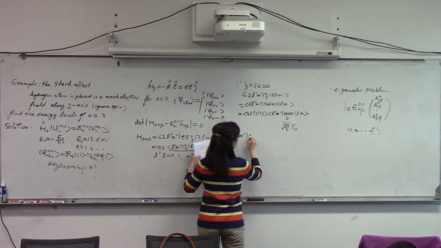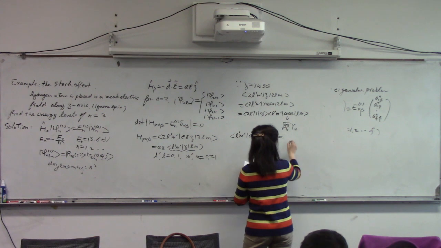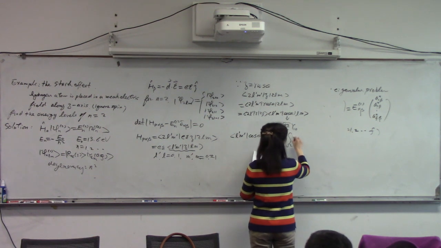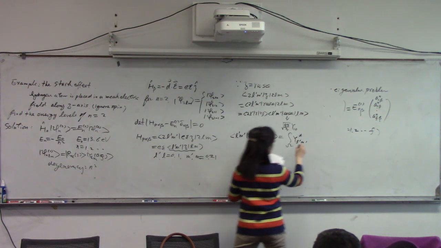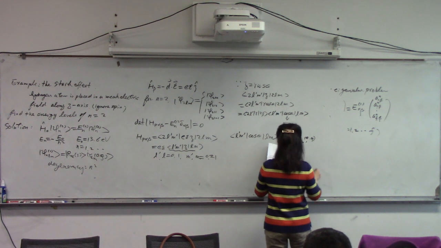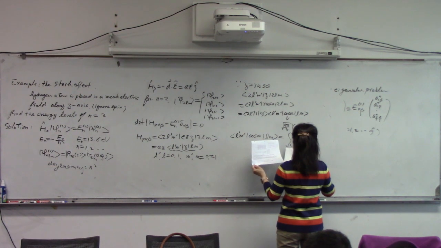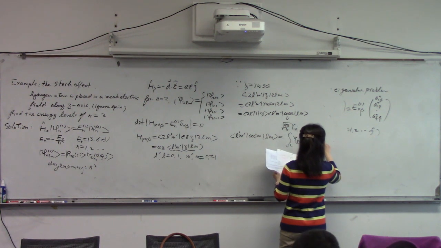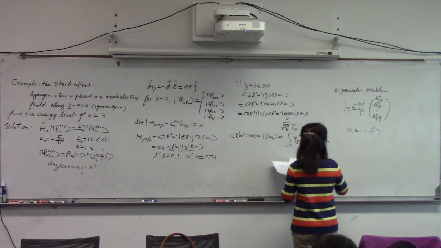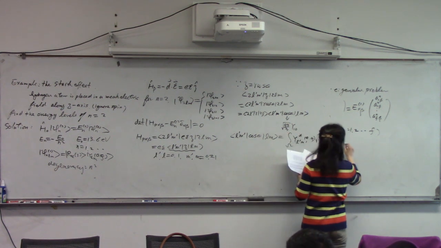L1 M1 cosine theta LM is the integral over the solid angle of bra L1 M1, theta phi, and then the cosine here is this constant times Y10 theta phi, and then Y LM, right?